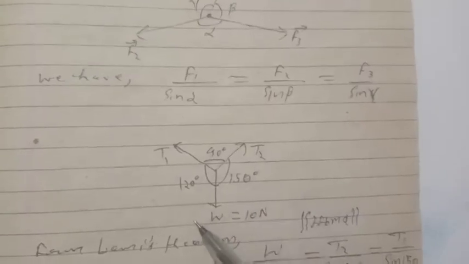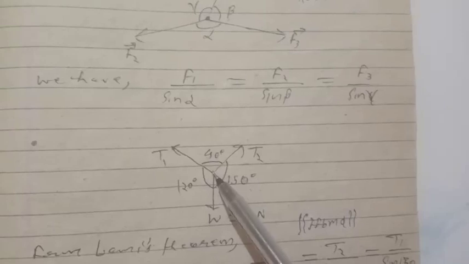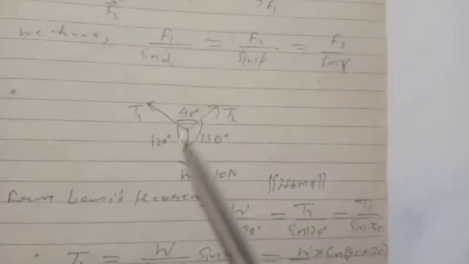For example, if we consider T1, T2 and T3, and this is a condition where this point is in equilibrium, then we can directly write T1 by sine 150 equals W by sine 90 equals T2 by sine 120. So from Lami's theorem, W by sine 90 equals T2 by sine 120 equals T1 by sine 150.